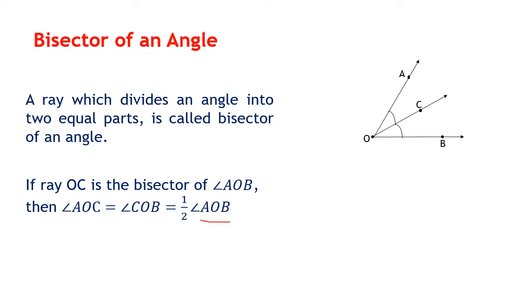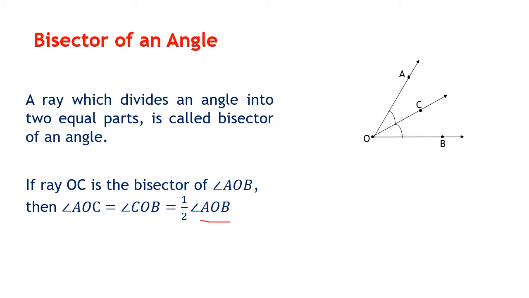The ray OC has the same endpoint as the rays OA and OB. This angular bisector starts from O, and it divides angle AOB into two equal parts. So in this diagram, the ray OC is the angular bisector of angle AOB.